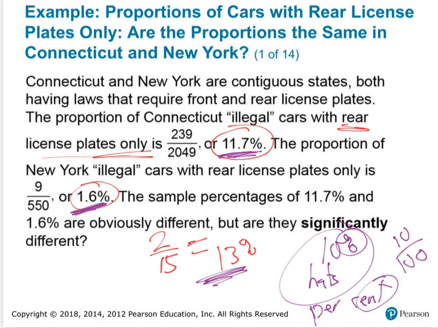So the question is, do you think that one of those states is not enforcing the front license plate law as strictly as the other state? Maybe. Does that make sense? That's what they're supposing in this question. What's making the difference is the police. Which state do you think is enforcing the license plate law more strictly?